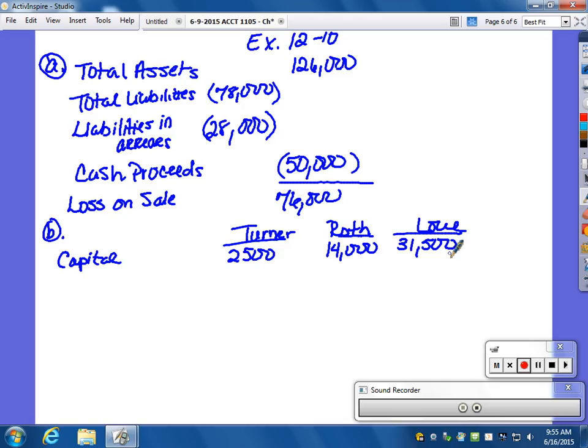So that means you're going to do 1 over 10, 4 over 10, 5 over 10. So 76,000 times 1 over 10 for Turner means he incurred how much of that loss? $7,600.